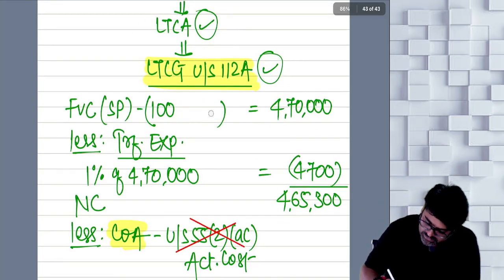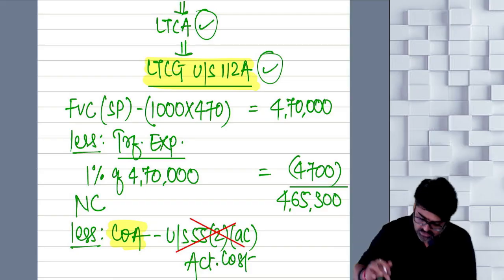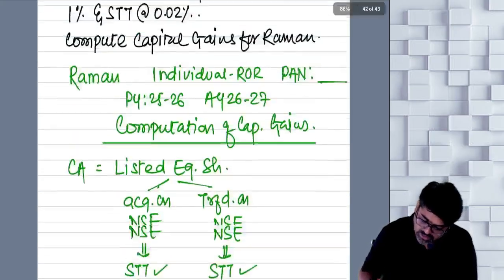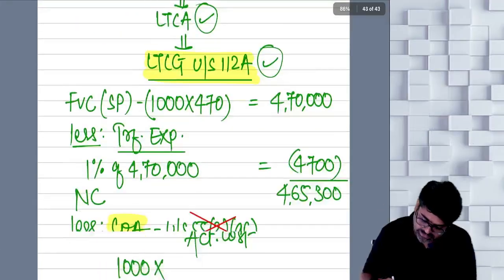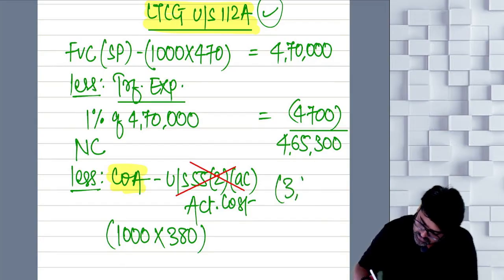I had mistakenly written 100. 1000 shares into 470 gives you 4,70,000 only, no? Okay. Now 1000 shares, at what cost had you acquired? 380. So it will be 3,80,000. Simply 3,80,000 you are supposed to reduce.